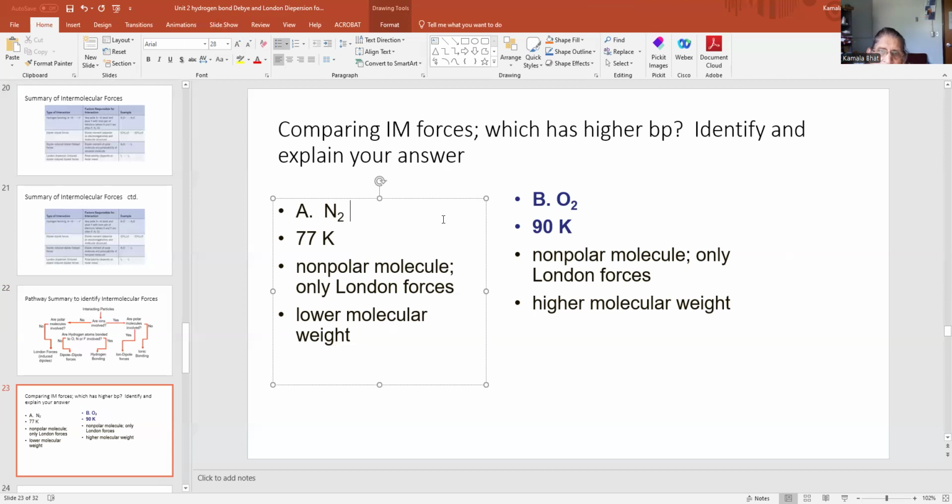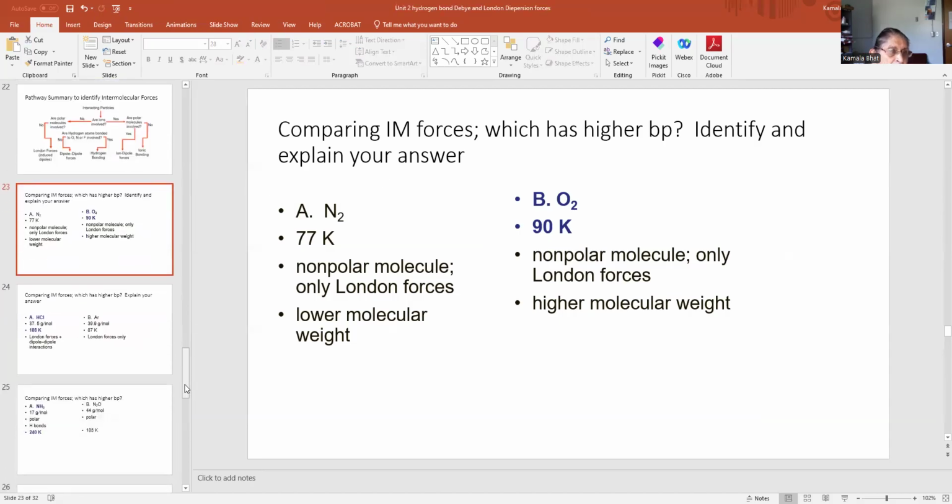We see nitrogen has a boiling point of 77 K, oxygen is 90 K. Both the molecules are nonpolar, and only London dispersion forces come into play. Nitrogen has a lower molecular weight, while oxygen has a higher molecular weight.